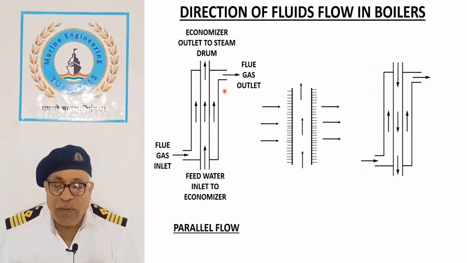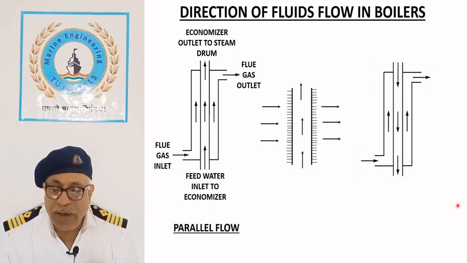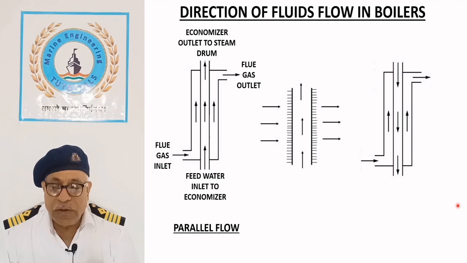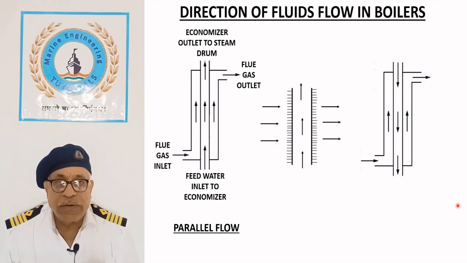In a parallel flow arrangement, the large temperature difference at the inlet ends can cause significant thermal stresses, which may eventually lead to material failure. Additionally, the exit temperature of the cold fluid can never exceed the lowest temperature of the hot fluid, which is a disadvantage in applications such as boilers, where maximum heat recovery is desired.